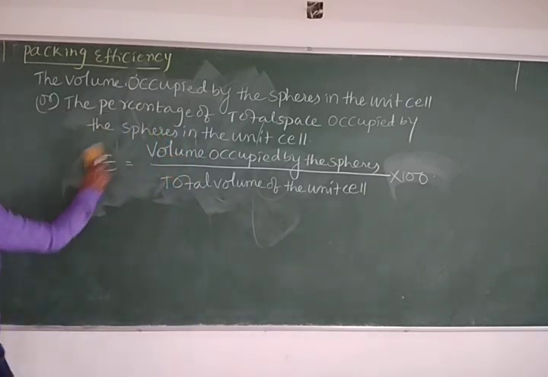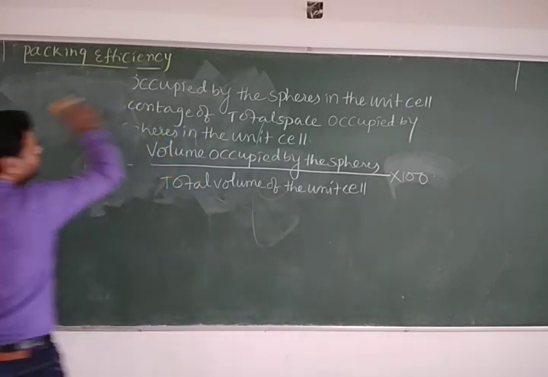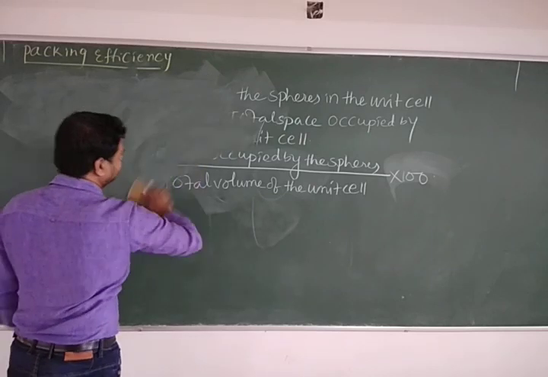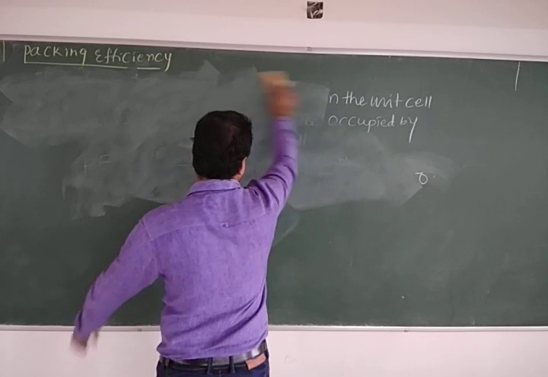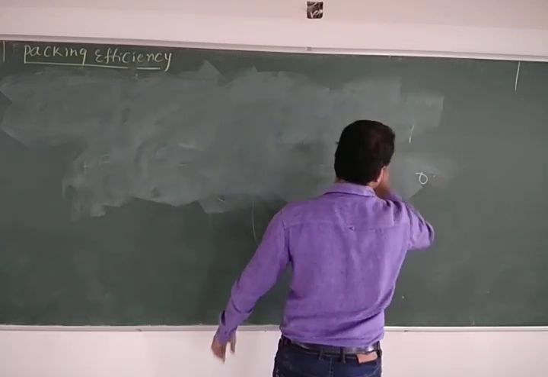Now the first topic. Here we have 3 kinds of packing: simple cubic, next body centered, next face centered cubic crystal.